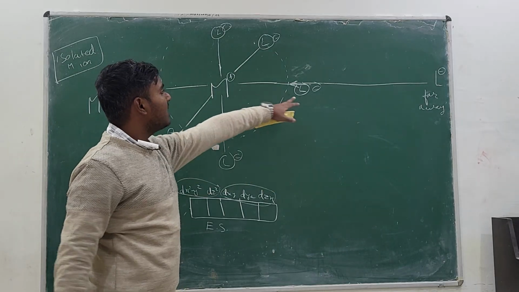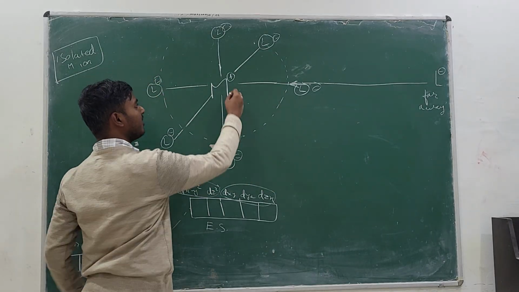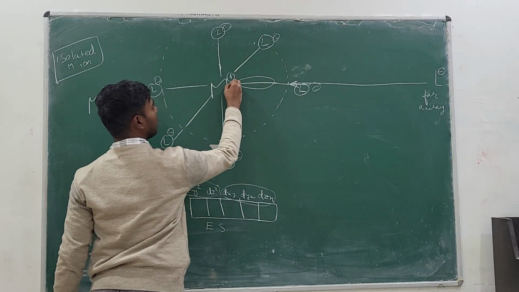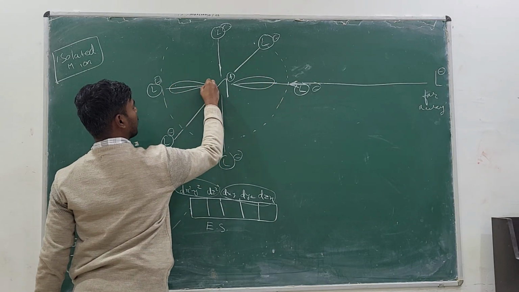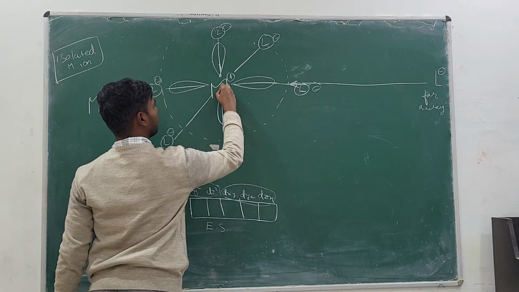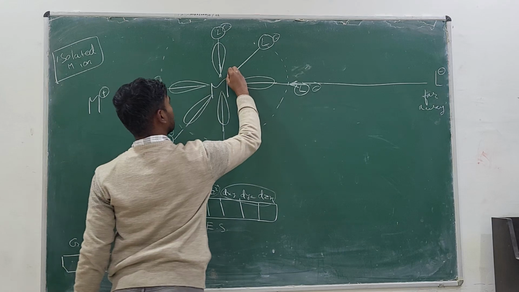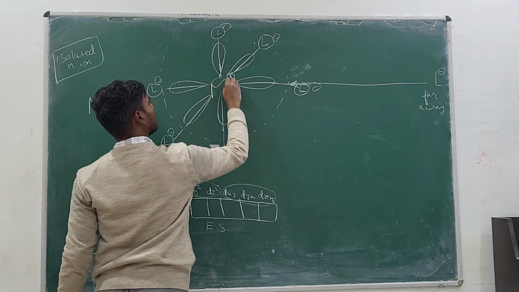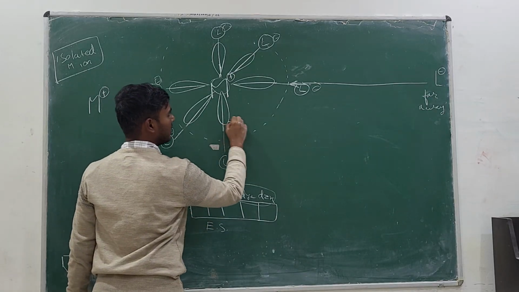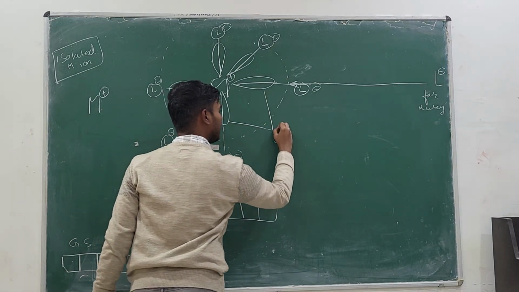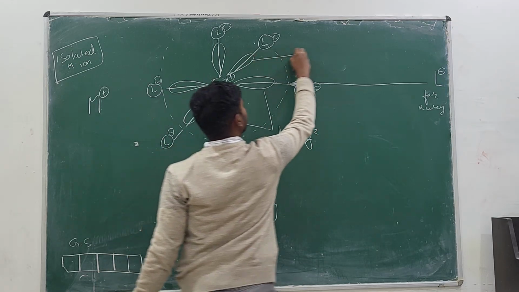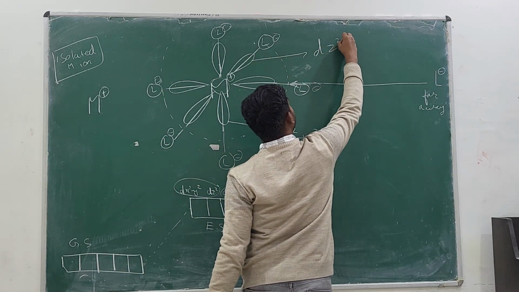It will affect the electron density of the metal atom present in the axial orbitals. These are the lobes of dx square minus y square, and this one is dz square.